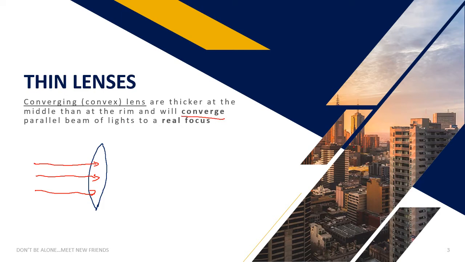So parallel beam of lights to a real focus, okay? I-focus at one point ang imuhang light. Kani nga point dire ginatawag na to og focus, okay? Dira nag tapok tanan ang light gikan sa ato ang convex lens.